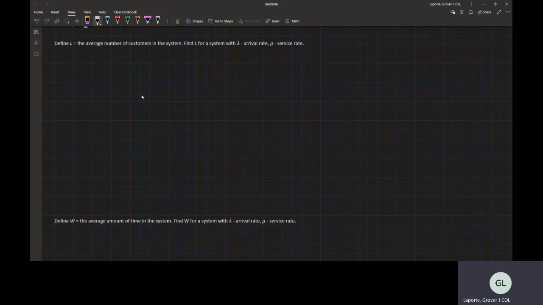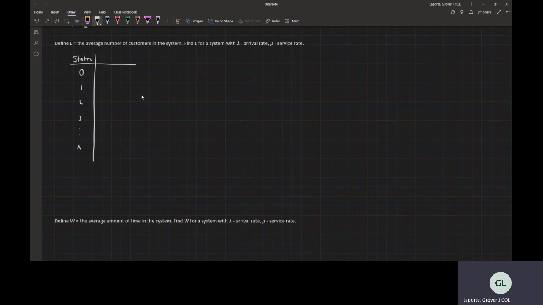So the first piece here is the average number of customers. So if I know my states, remember how we define states. Our states are the number of customers in the system. So I can have 0, I can have 1, I can have 2, I can have 3, ... I can have i.